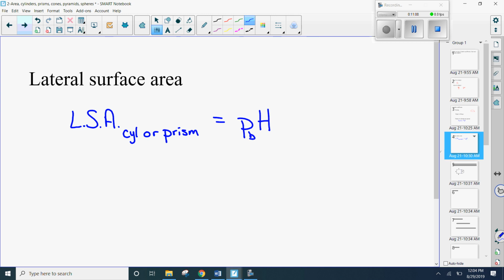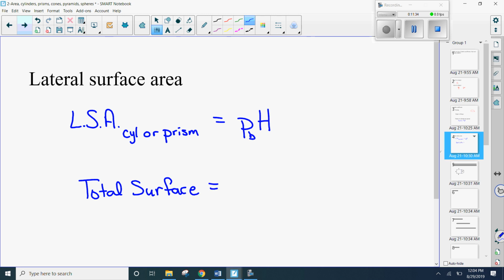If you wanted to, you can find this rectangle, add to it this rectangle, and add to it this rectangle. That's just lateral surface area, not total surface area. If they just say surface area, they're referring to total surface area.